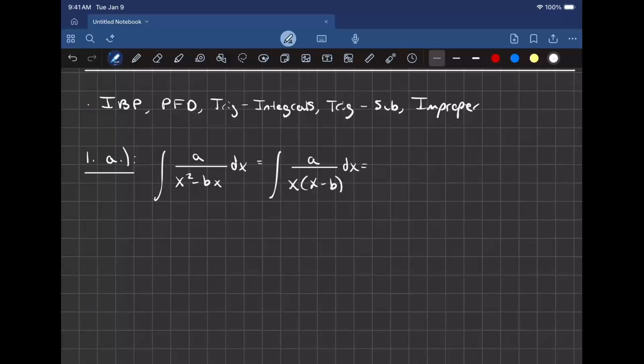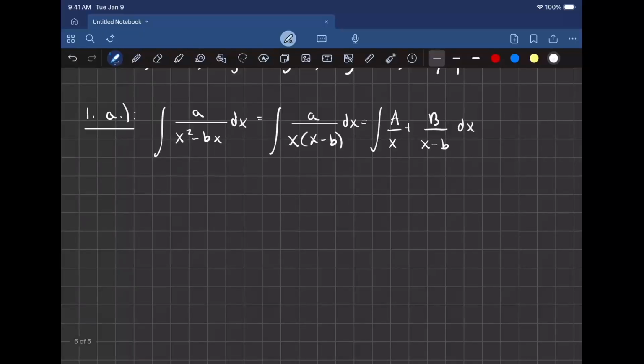So we'll have integral of a over x plus b over x minus b dx, our linear factors, right? All right, now we will solve for our coefficients. So we'll set up little a is big A times x minus b plus big B times x.